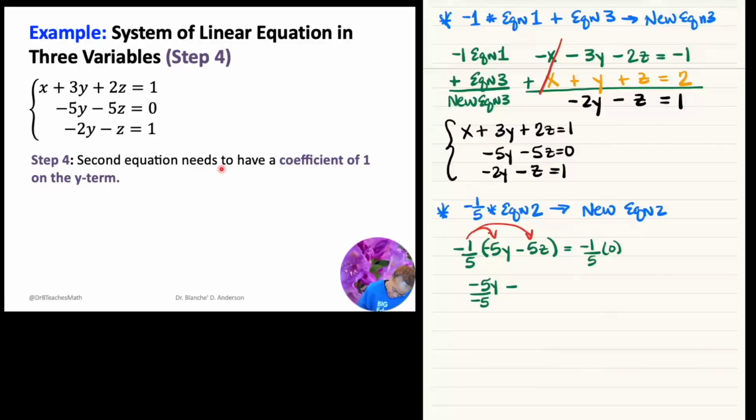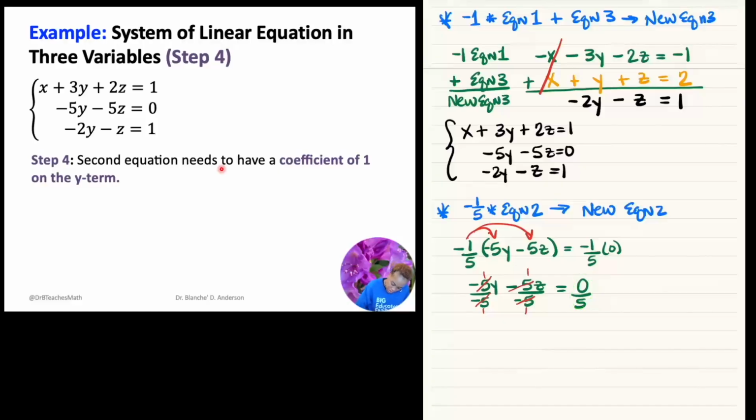And then minus 5z over minus 5, right? And then this just becomes 0. So if you notice, negative 5 divided by negative 5, they become 1, and we know that this becomes 0.